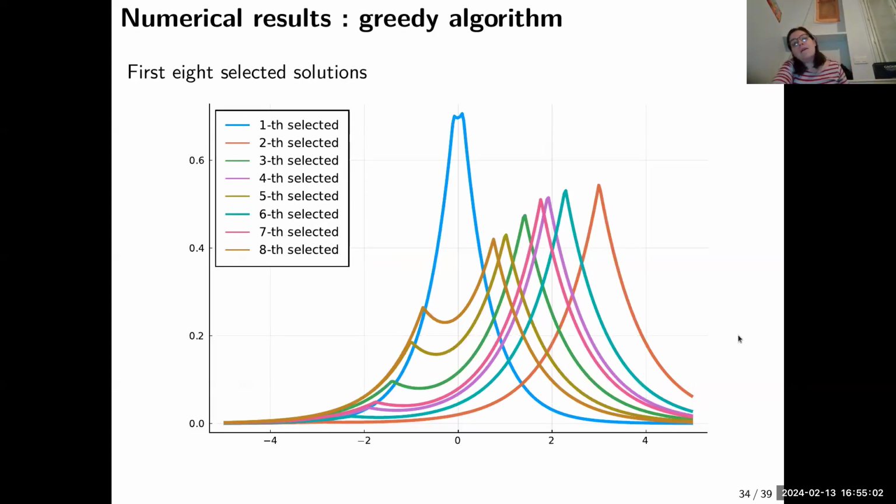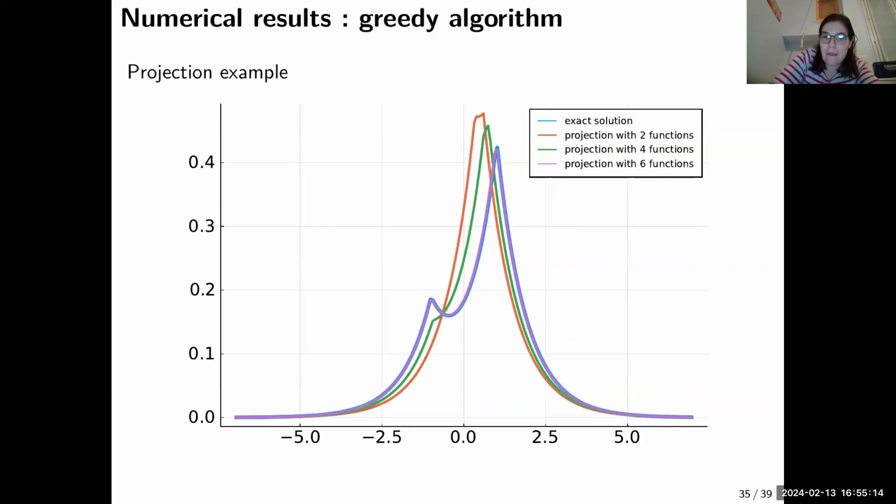And these are what the different snapshots selected by the greedy algorithm look like. These are the 8 first snapshots selected by the greedy algorithm. And this is an example where the exact solution of the eigenvalue problem for one value of the set of positions of the nuclei in the molecule is given. So this is a blue curve, which is hidden by the purple curve.